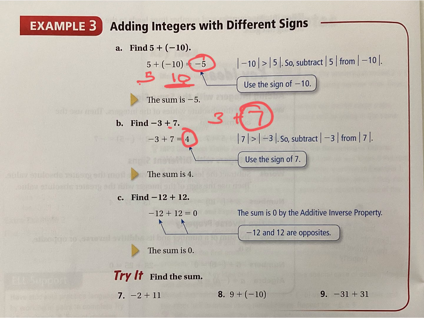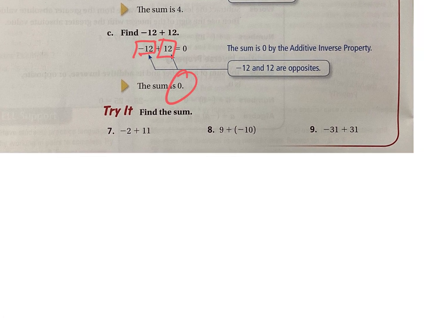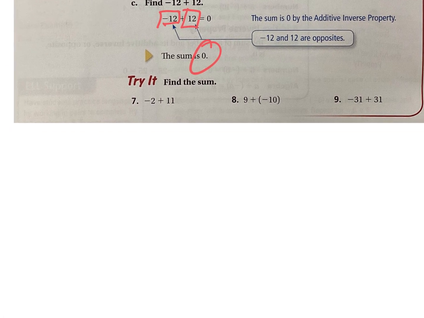All right. C is the additive inverse property. We have a negative 12 adding a positive 12, so you're adding opposites. When you add opposites, you always get 0. Let's try it. All right, number 7.